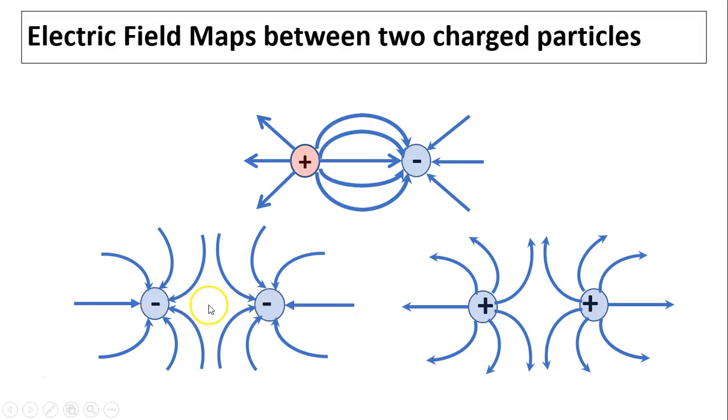The electric field basically in the middle is 0 because the field cancels out, always pointed toward a negative. If you have two positive charges, it's going away from the positive. So this is the field produced by two positive charges. Again, right in the middle, the field cancels out, so you have 0 field right in the middle.